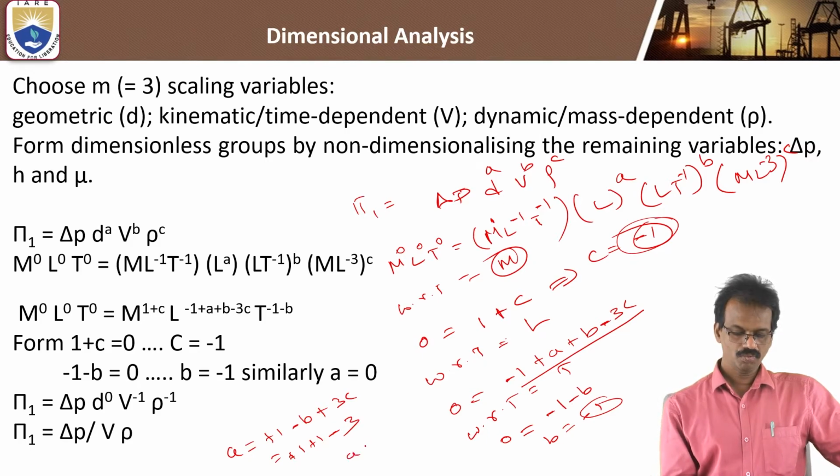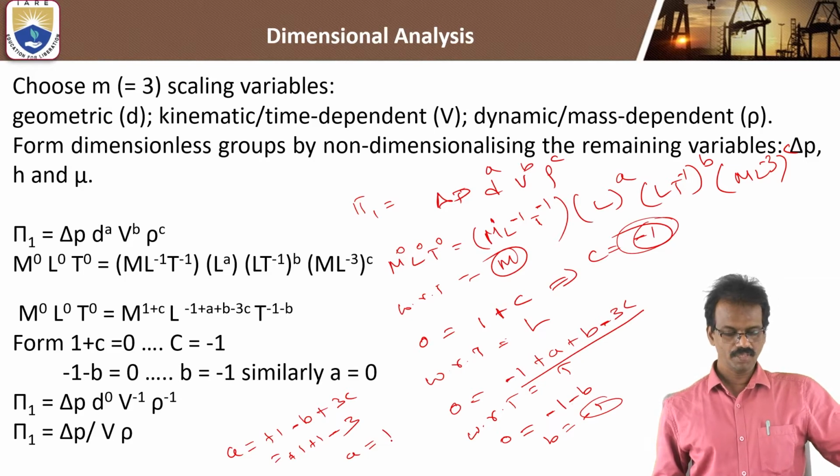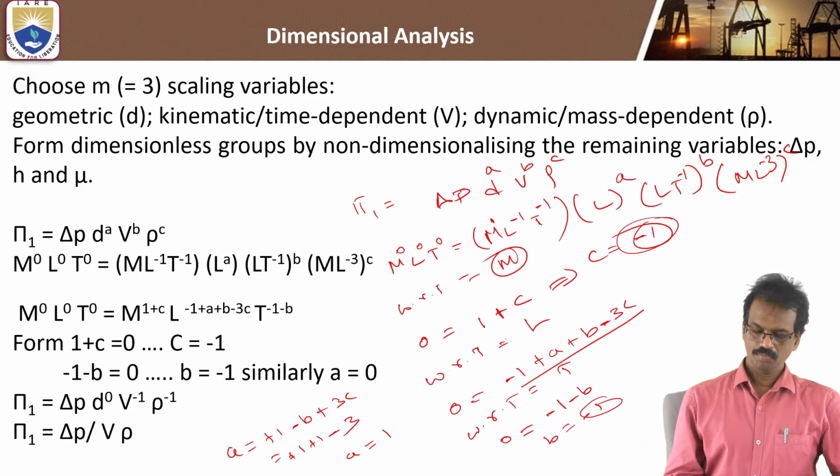So a is equal to 1. Finally, minus 1 plus a plus b minus 3c is equal to 0, and c is equal to minus 1 and b is equal to minus 1.